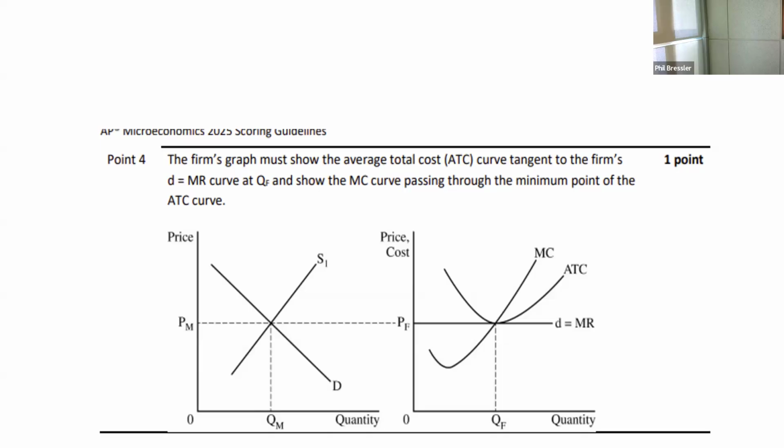And then part B2, shade in the cost of the subsidy. If I take this up to the original supply curve and across, this is my cost of subsidy. This is how much the subsidy costs per unit, taking in all the units.